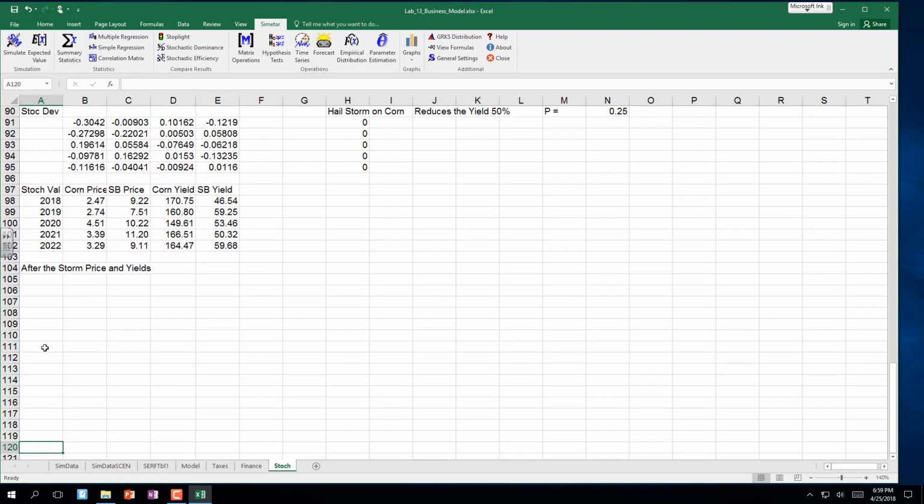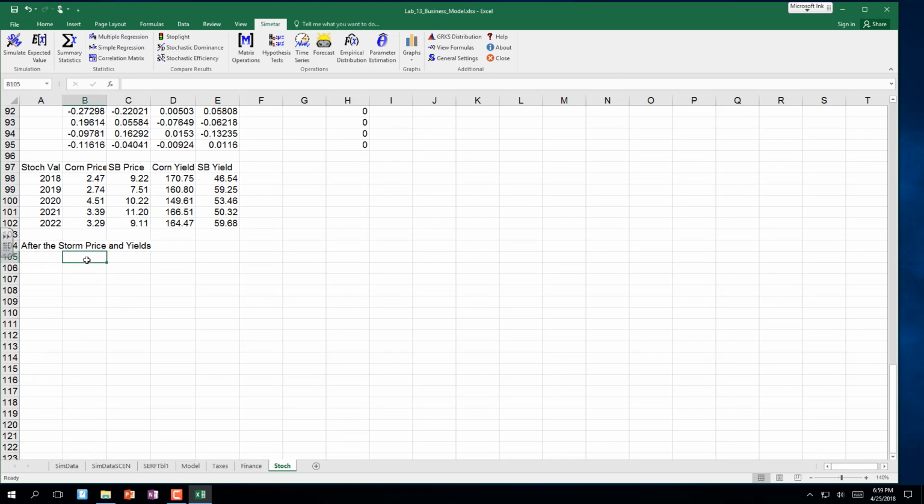And so corn price here, soybean yield, et cetera.